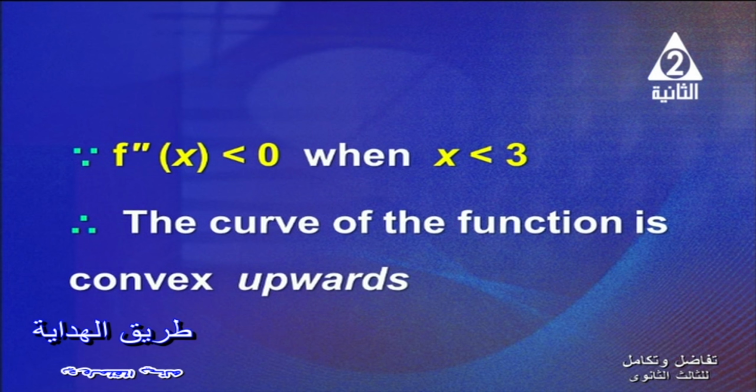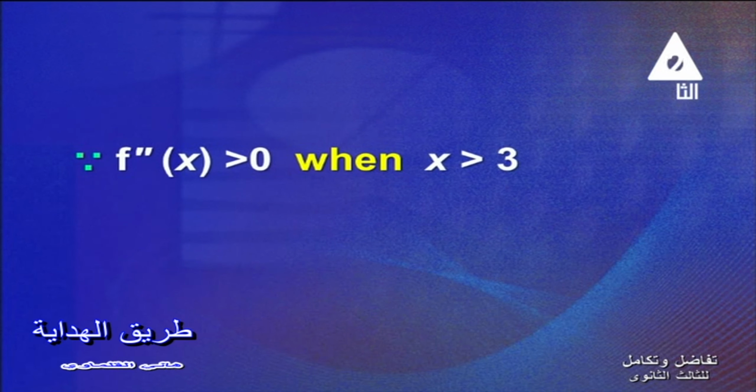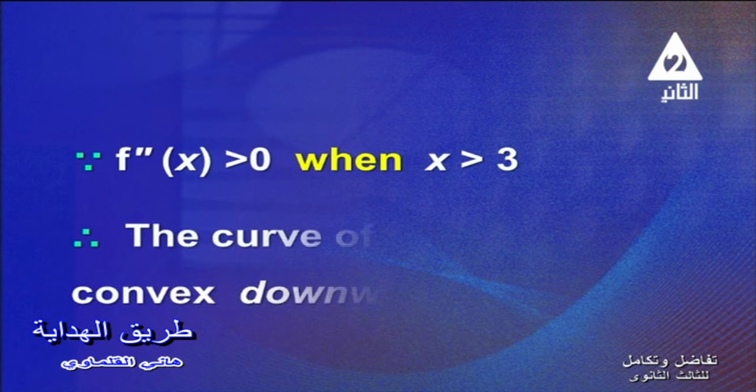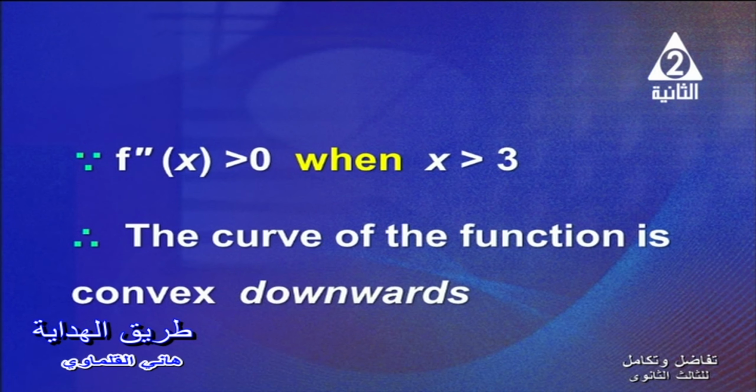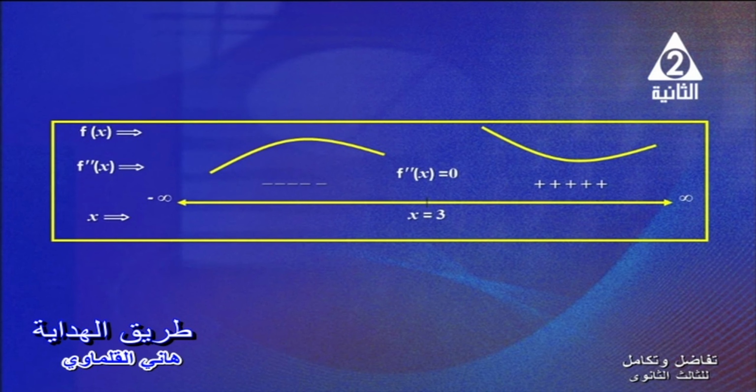F double dash x is negative when x is smaller than 3, so the curve is convex upward in the open interval (negative infinity, 3). And f double dash x is positive when x is bigger than 3, so the curve is convex downward in the open interval (3, infinity).